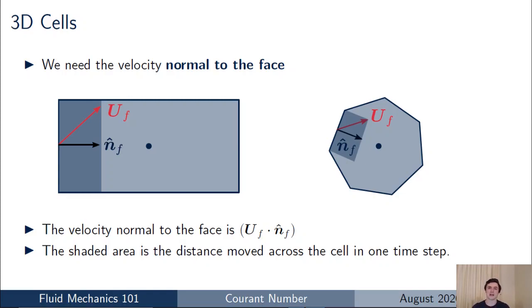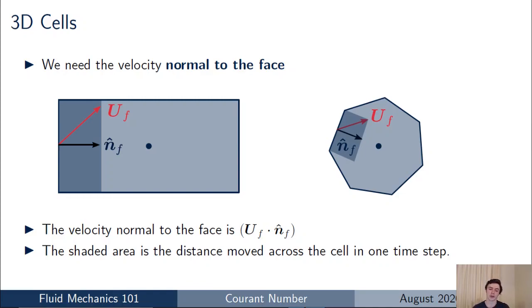You could have a face velocity at any angle or direction. In a time step, because the velocity is at an angle to the face, the fluid is only going to move that shaded distance you can see on the slide.